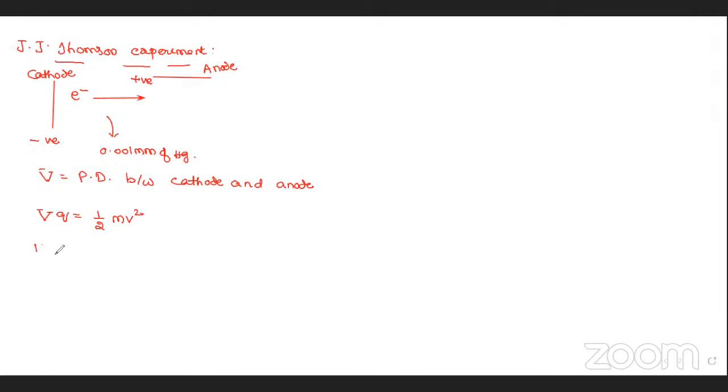Keep in mind, by that time they don't know these values. Before doing this experiment, they don't know the charge on the electron or the mass of the electron, but we know, so we are checking what Thomson said.